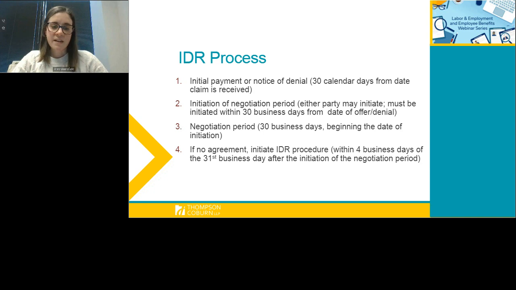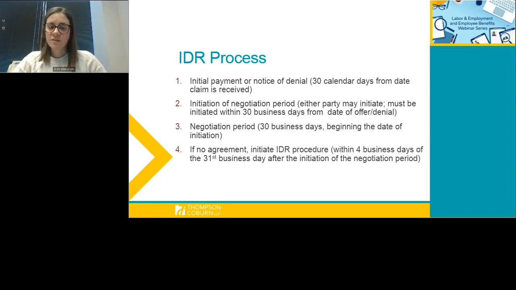Once the plan provides that payment or notice of denial, either party can initiate what's called the open negotiation period. It must be initiated within 30 days from the date of the plan's offer or denial of payment. So if that 30 days expires, whatever the plan offered to pay the provider is considered final.